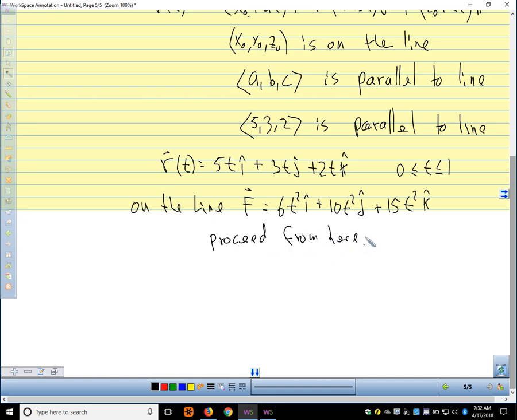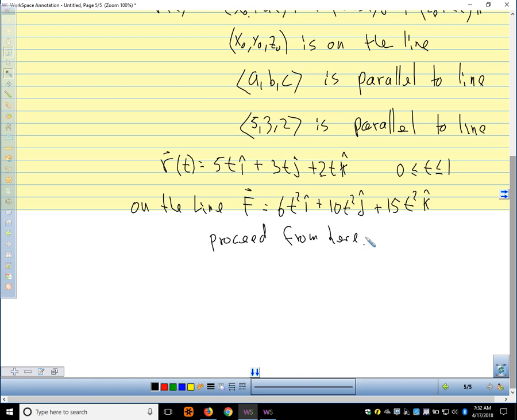So not a difficult integral to evaluate, but we had to remember how to parameterize a line. f dot pq only works if f is a constant force. We found work done by a variable force before, but f was varying in magnitude in the direction that we were going.